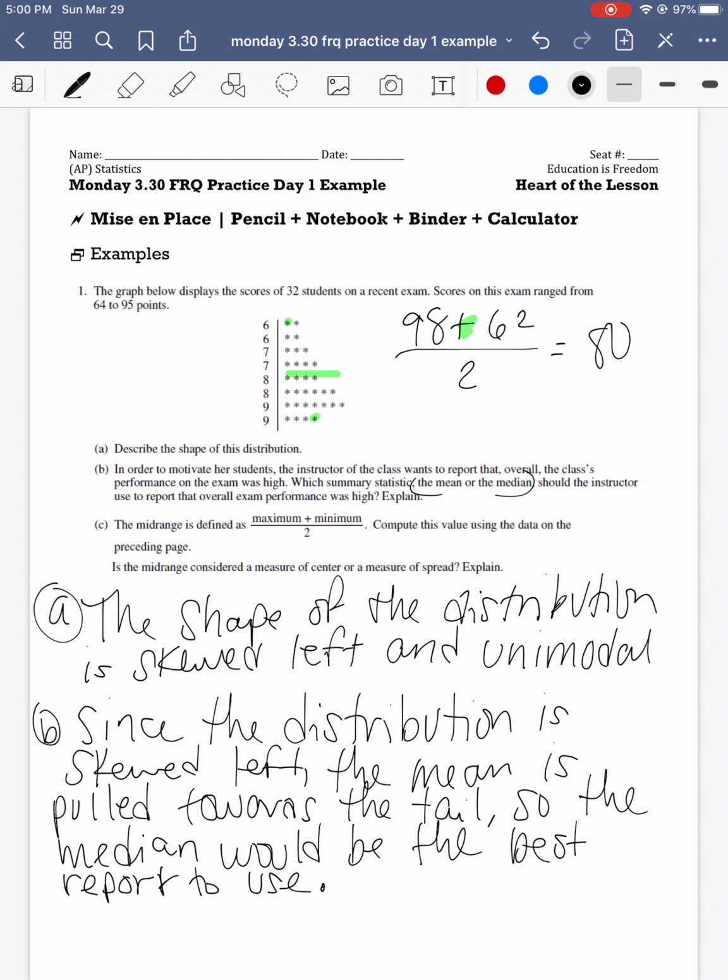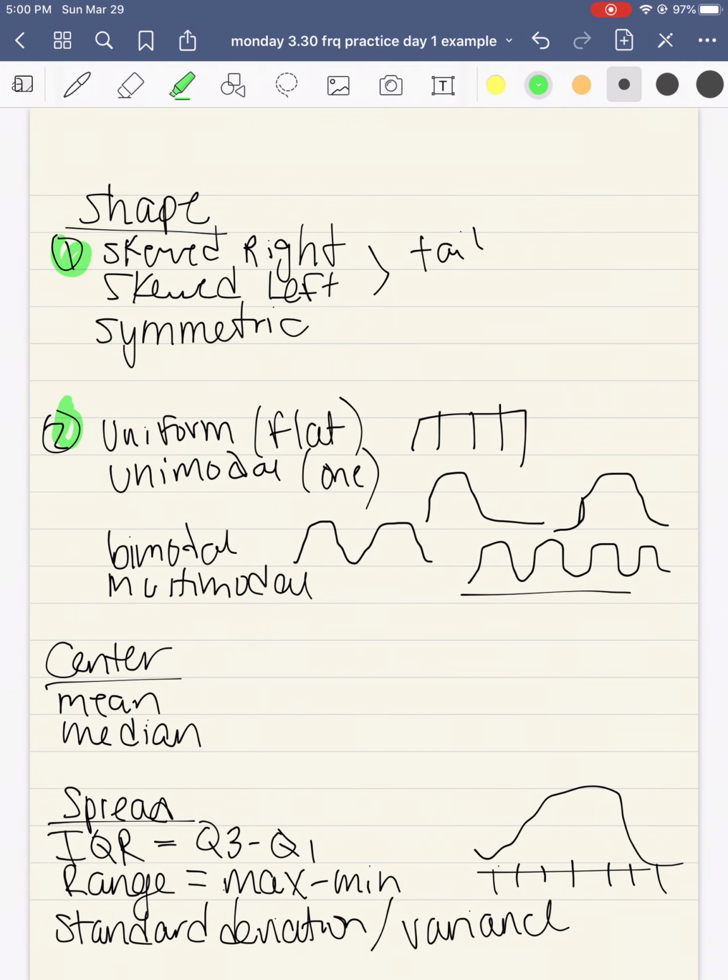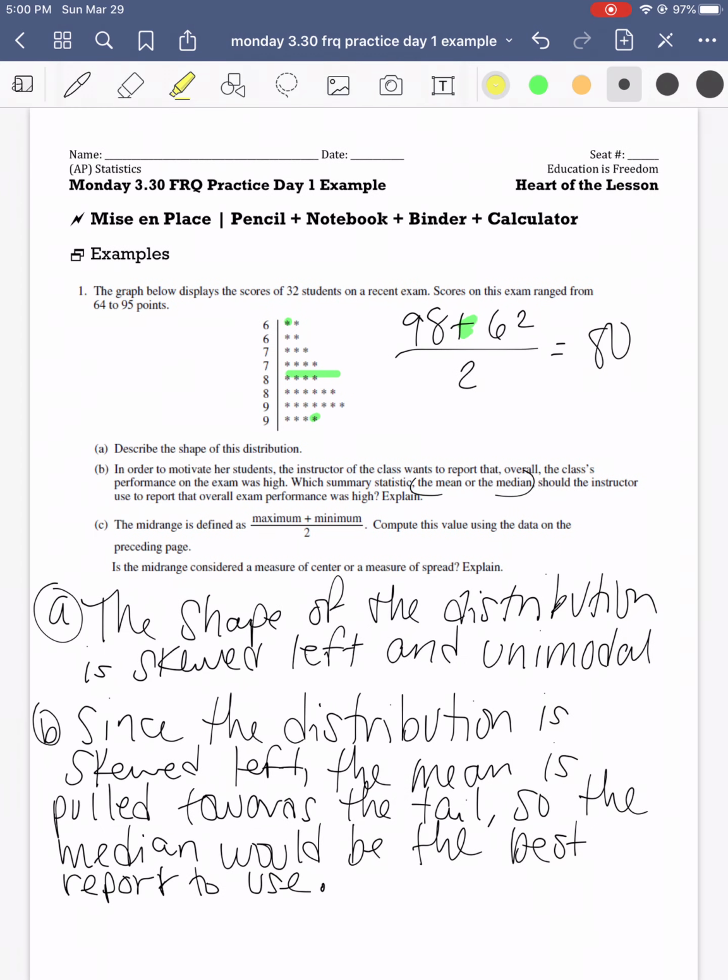So when we take the mid-range, we're not subtracting like we do with the IQR. We are adding and we are dividing by 2. So this is more like a mean rather than a range. So for that reason, this is a measure of center.